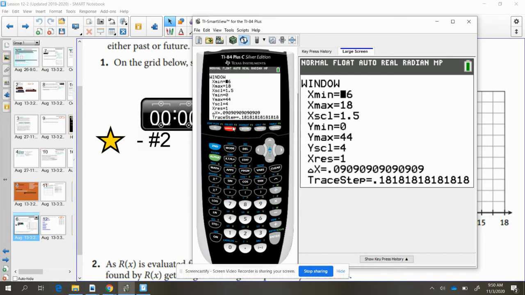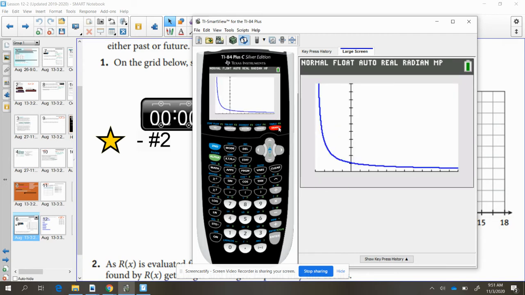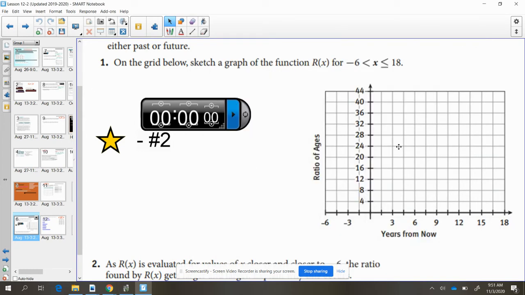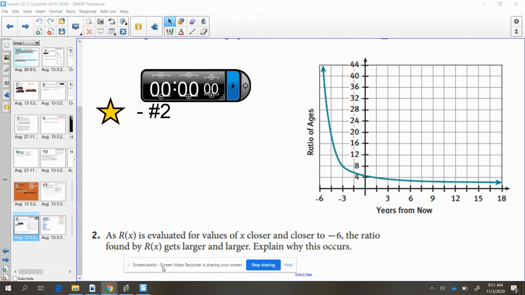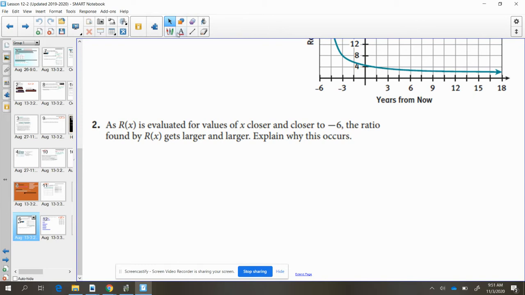And if we adjust the window so that it matches the graph given to us with the correct domain, scale on the graph being 1.5, and then 0 to 44 with a scale of 4, we'll see our graph here of this rational function. So what we're noticing here on the graph itself then is what's going on here with the values of x as we get closer to -6.